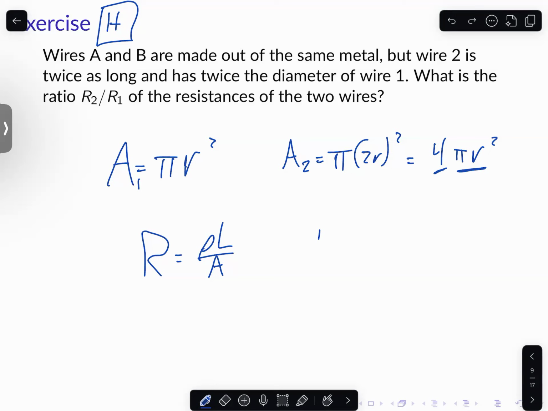Let me see if you could do that in the Google form. Question J, if you double something then quarter it, by what factor has it changed?